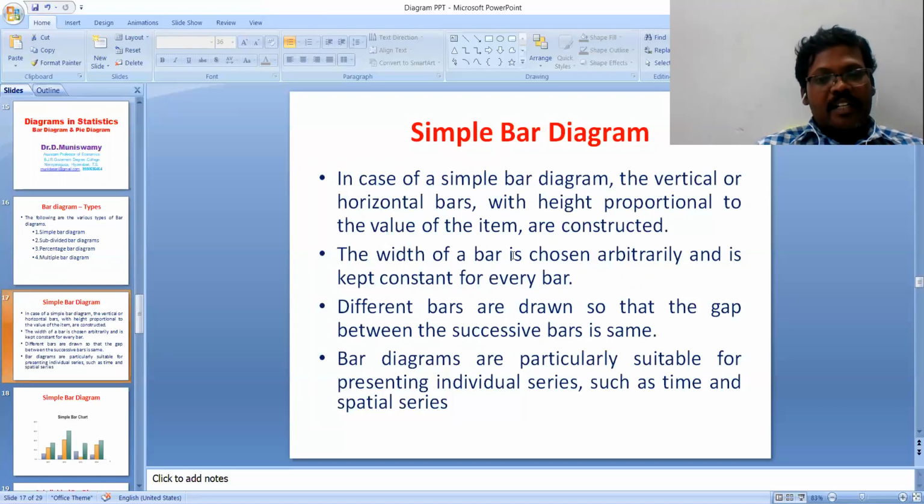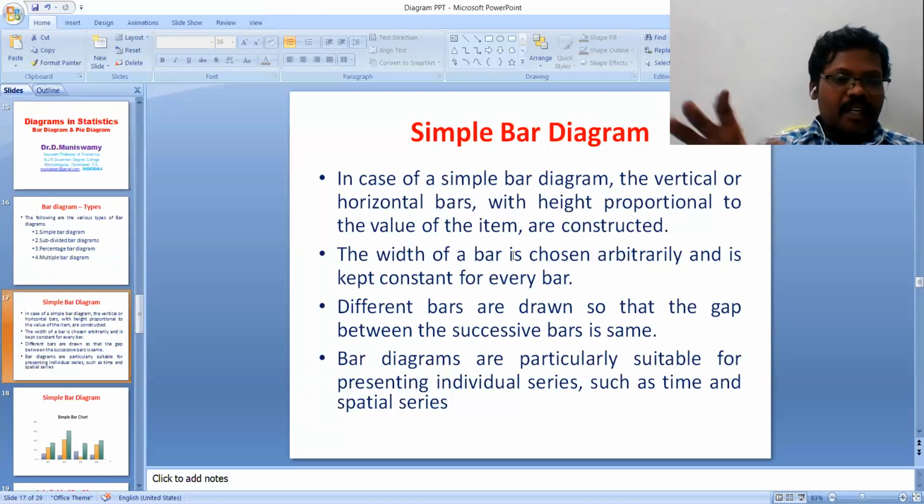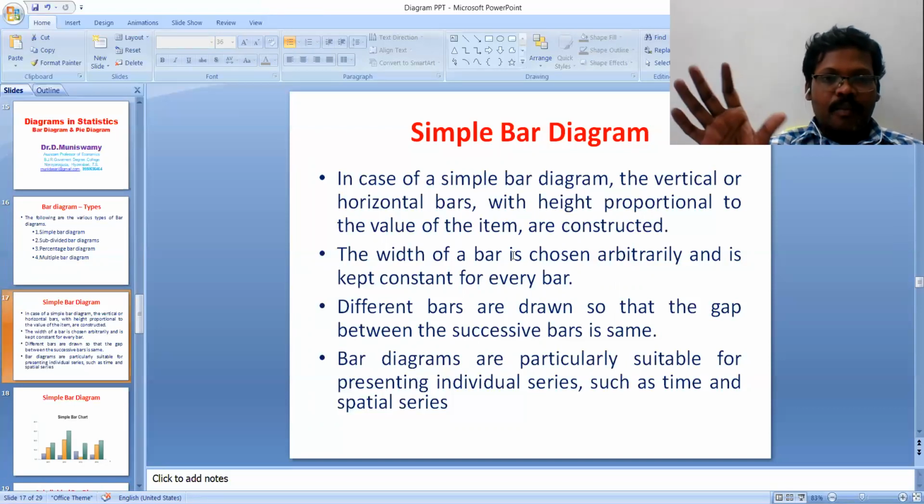Bar diagrams are particularly suitable for presenting individual series, such as time and spatial series. For the individual series we can use a simple bar diagram. Why is this important?